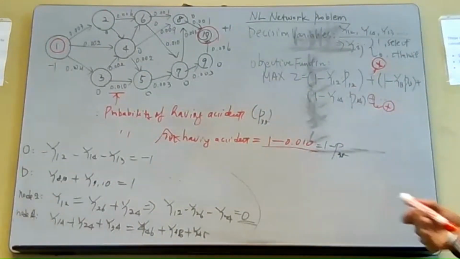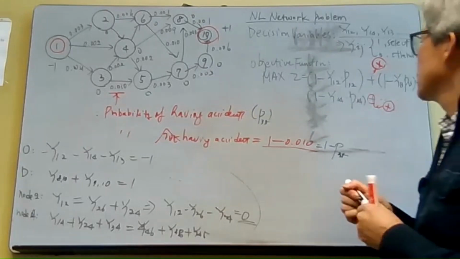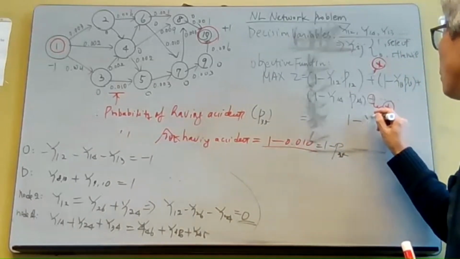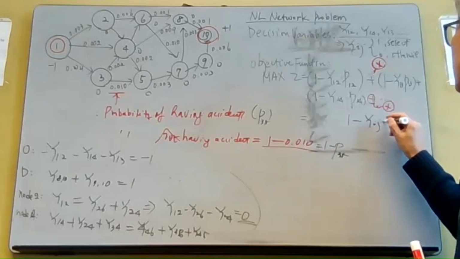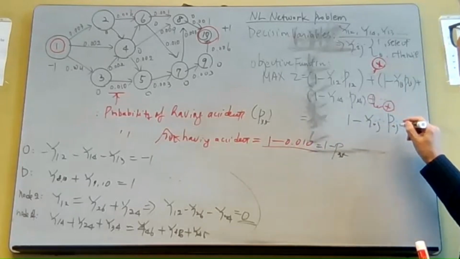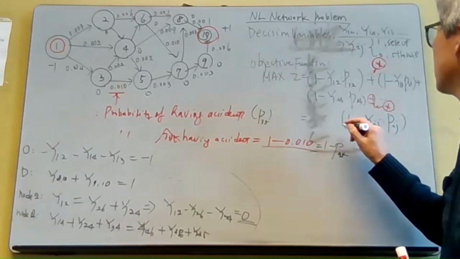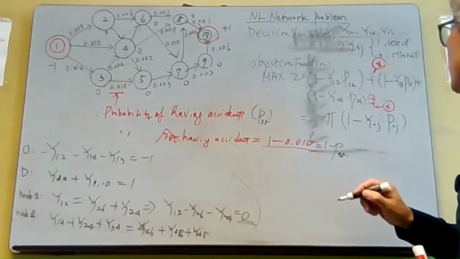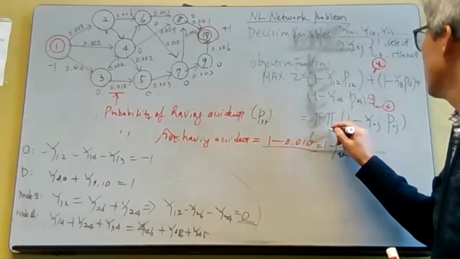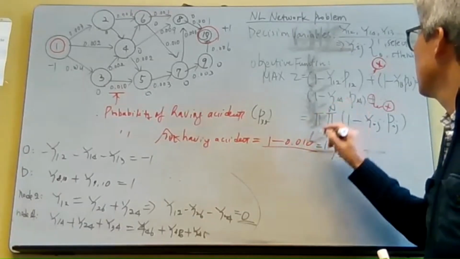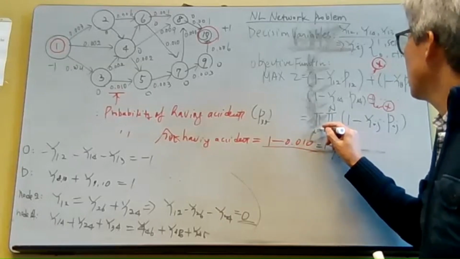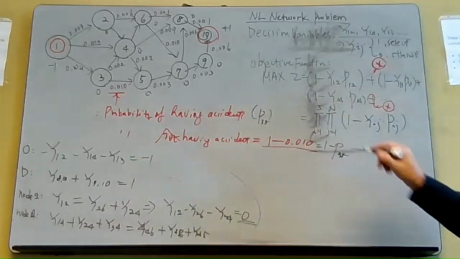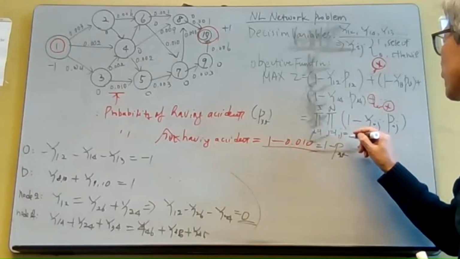So now if you want to make it simple, it is 1 minus yij times pij, multiplied over i equals 1, 2, and so on, let's say large I, where j cannot be equal to i.